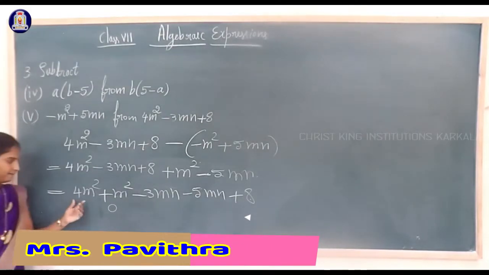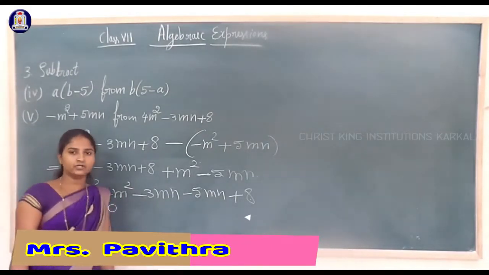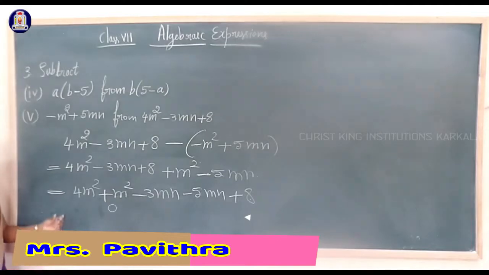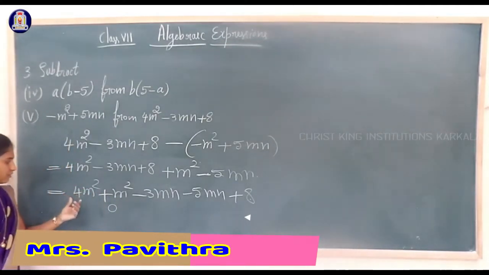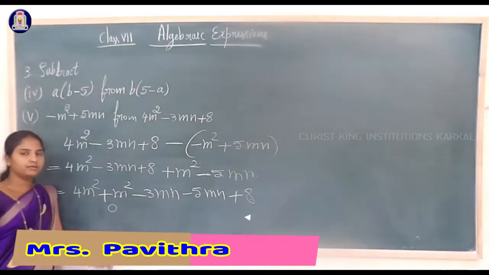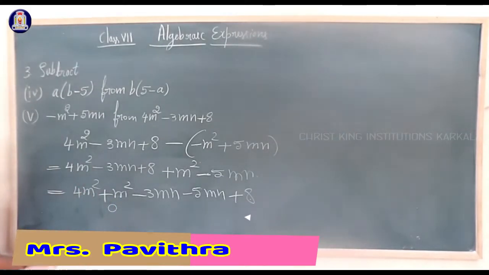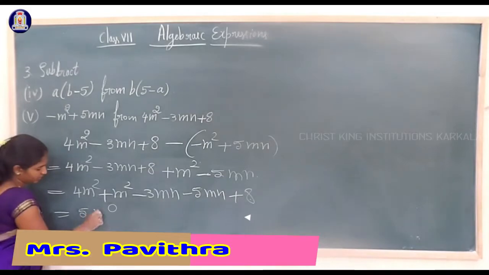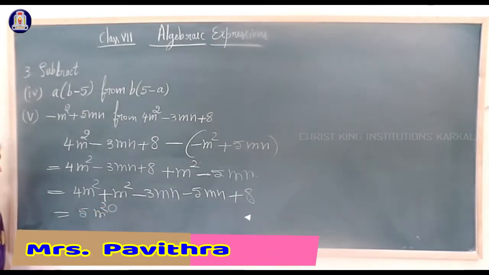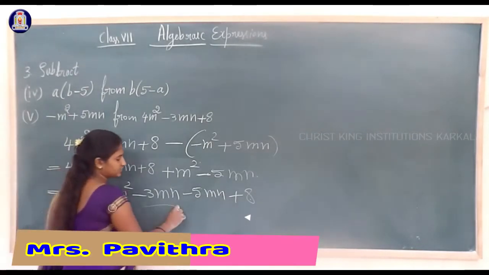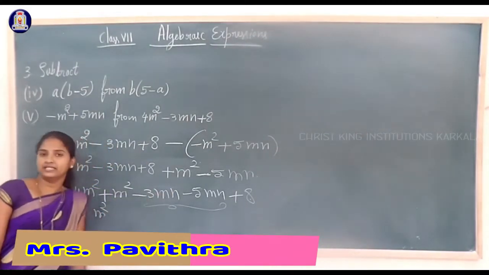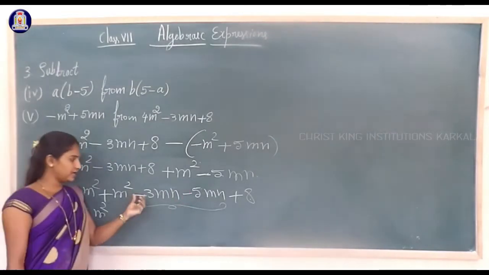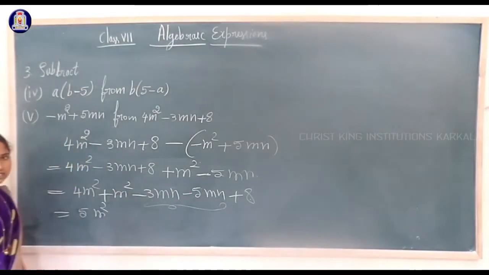Now you can add or subtract the terms, because we wrote like terms together. 4m square plus 1m square, total 5m square. And similarly, minus 3mn and minus 5mn: the same variable mn with the same sign, minus 3 minus 5.